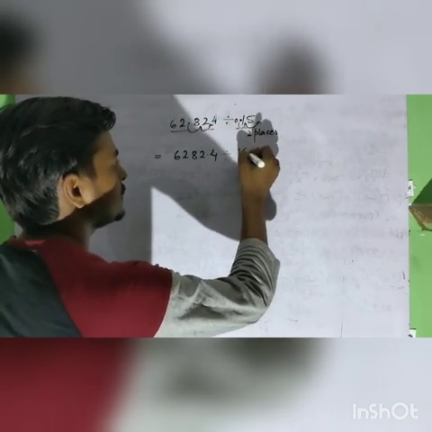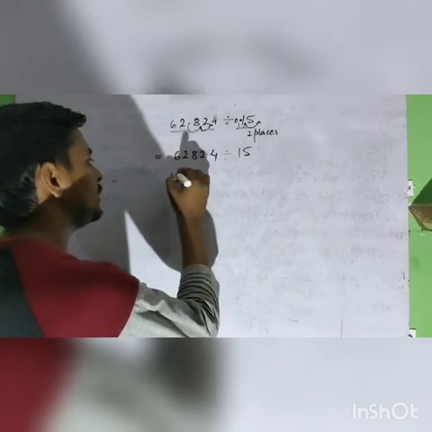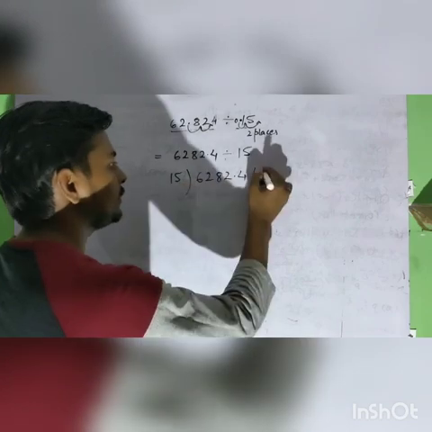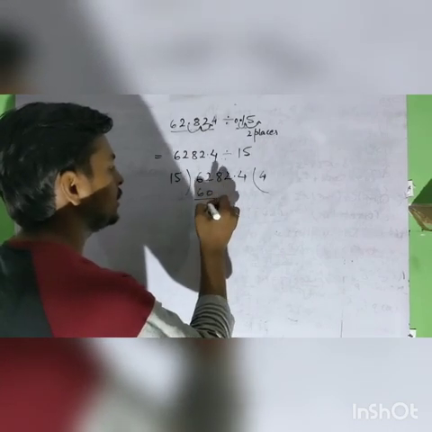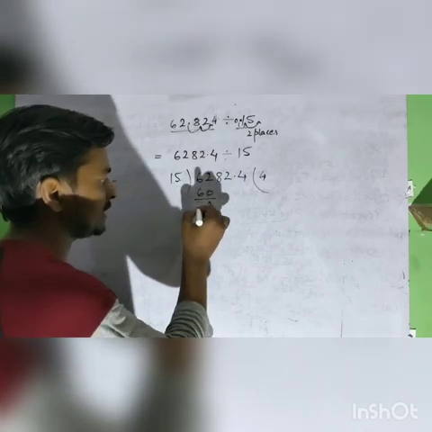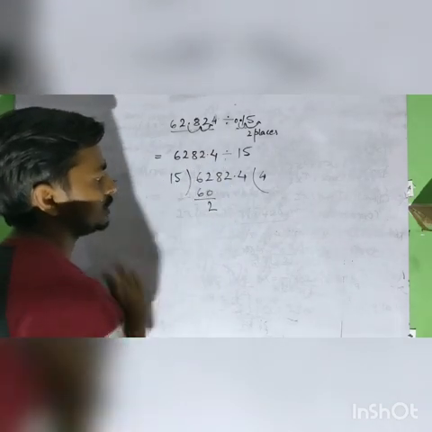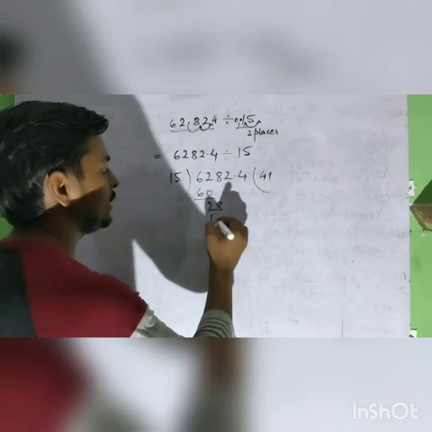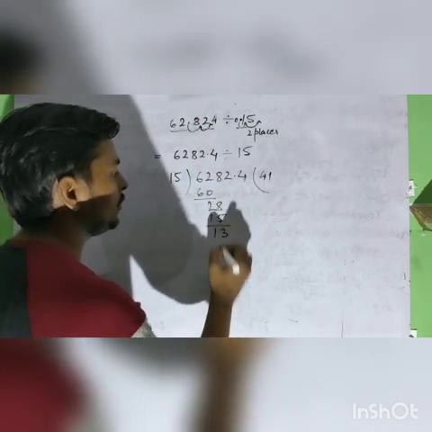Now this is 15. Now easily we can do it. 15 4s are 60. This is 2. No need to write the 6 minus 6 cross, just leave it. Now 8 will be copied. 15 1 is 15. This will be 13 remainder.